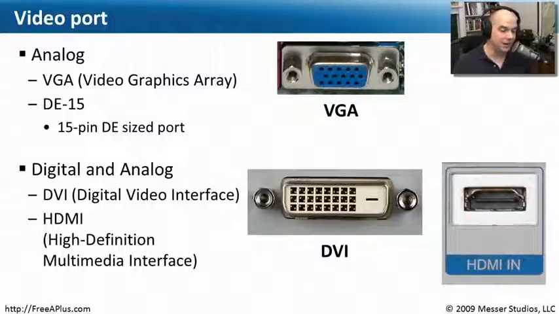So you'll see this very large interface with all of these different pins on it, and there will often be a number of different types of connectors on the other side of it, depending on whether it's digital or analog or whether it's supporting multiple different screens. It just depends on what type of DVI you have. So make sure you refer to the manufacturer's guidelines as to the type of DVI connection you have.